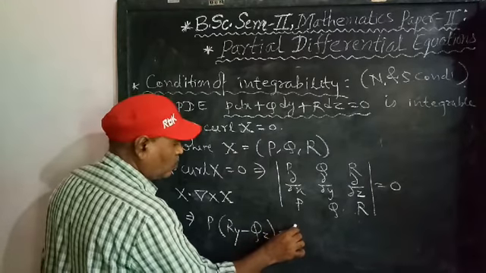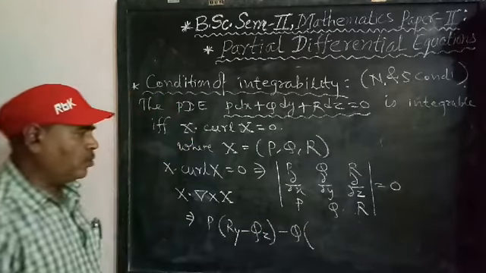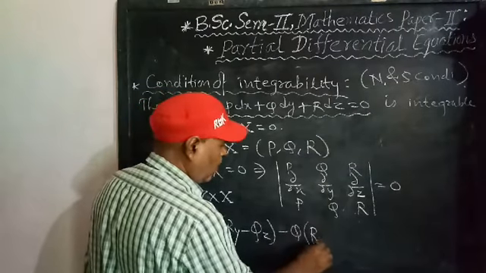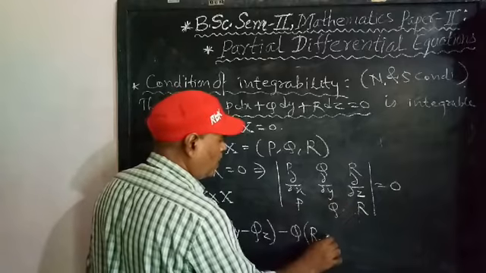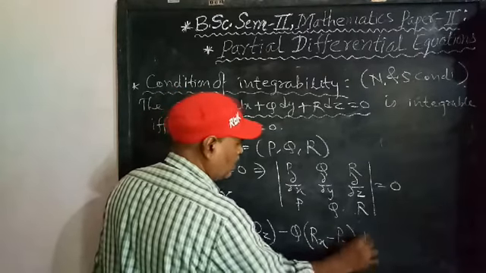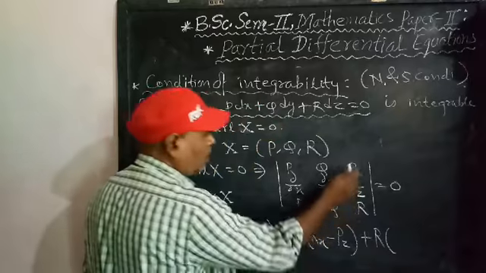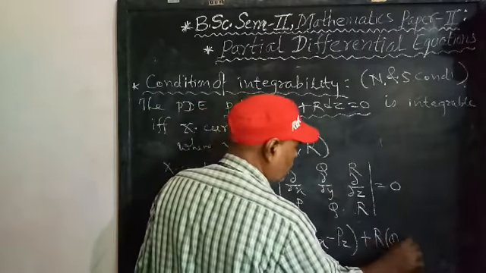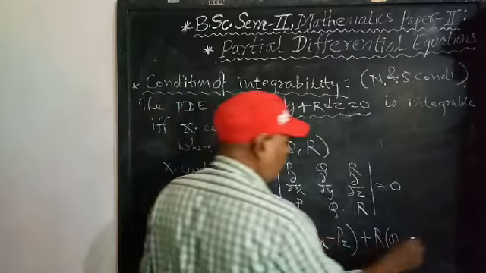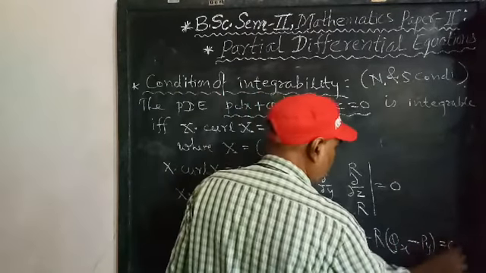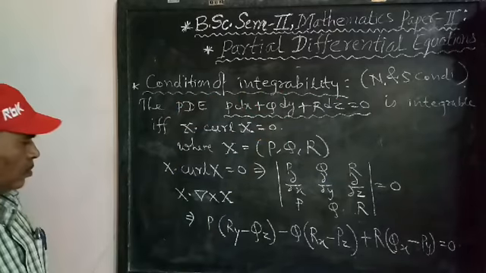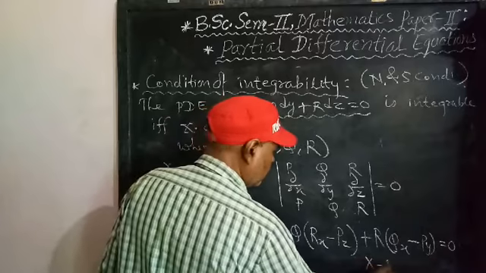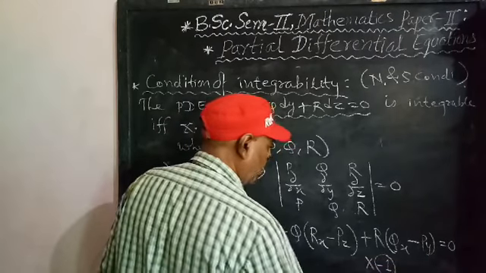The middle is minus Q into, drop the middle column, del x of R, that is Rx, minus del z of P, that is Pz, plus R into, drop the last column, del x of Q, Qx, minus del y of P, Py, equal to 0. Now I multiply this equation by minus 1.